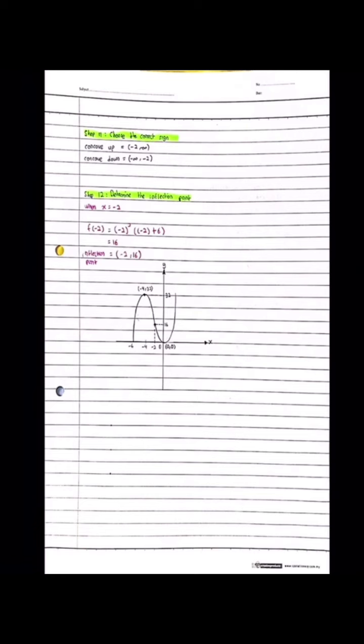So for the turning points, we have negative 2, 16, and the minimum point is 0, 0, and the maximum point is negative 4, 32.